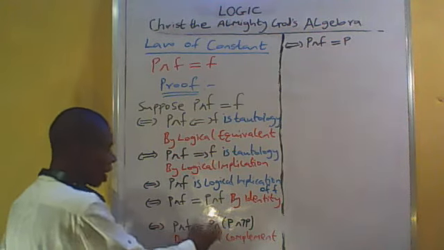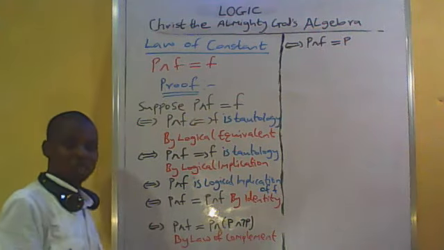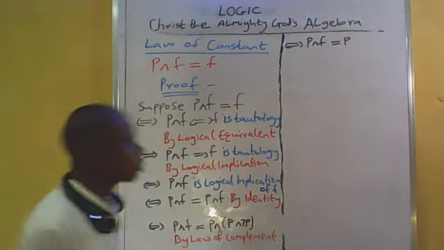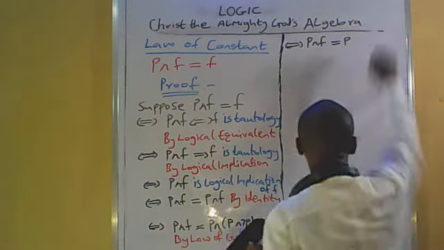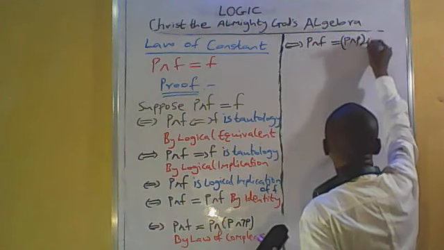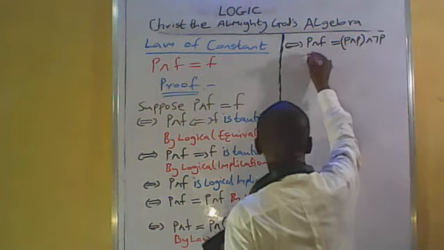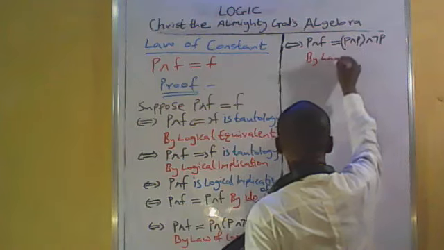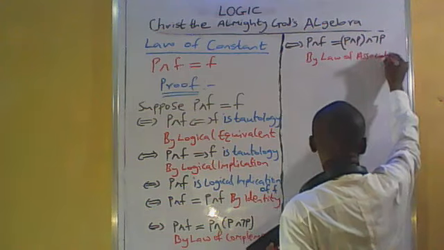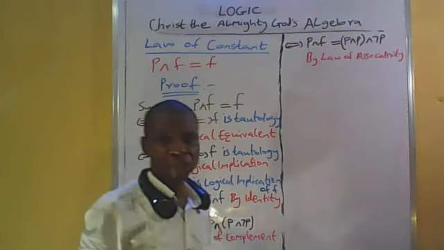Associate P and P, all in brackets, and not P, is still equivalent by law of associativity.